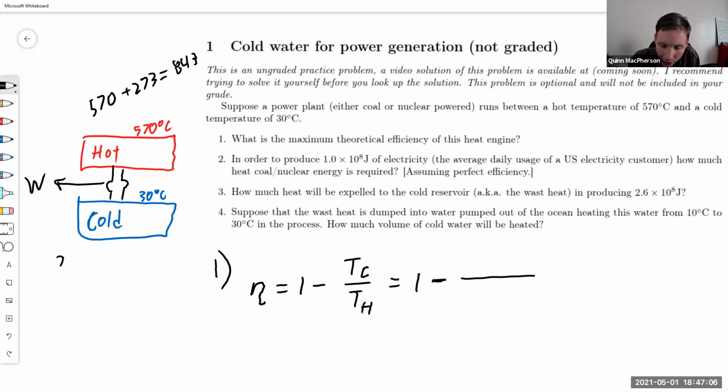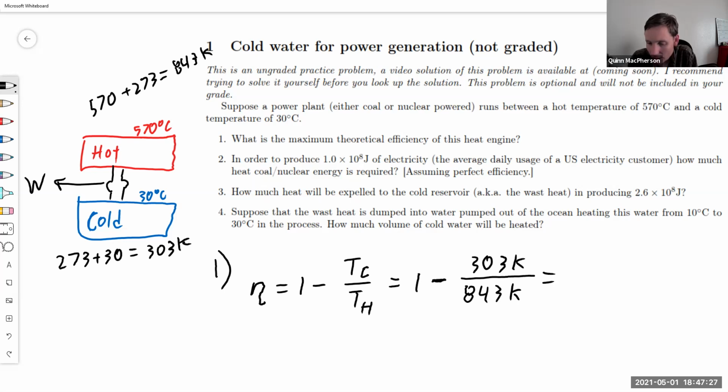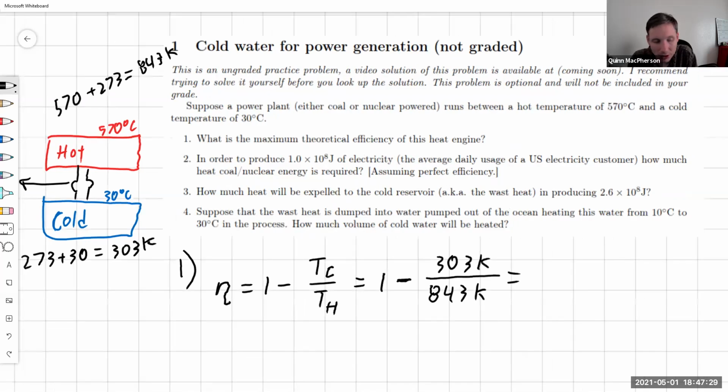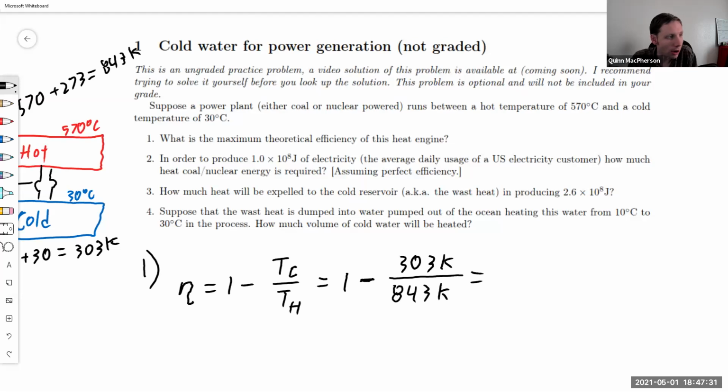We do 273 plus 30 and get 303. So basically, the hot temperature is 843 Kelvin. The cold temperature is 303 Kelvin. That gives us an efficiency of about 0.64.